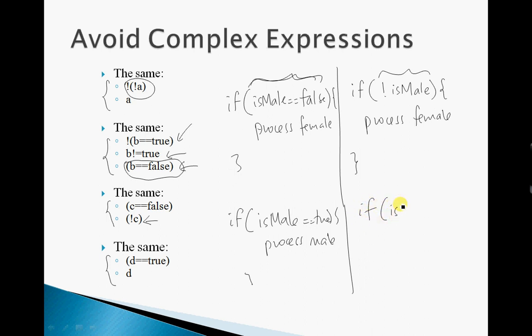If isMale, process male. These two expressions are identical. So obviously you should choose this one. Although the other is not wrong, and it's not difficult to understand as well, it really is unnecessary.